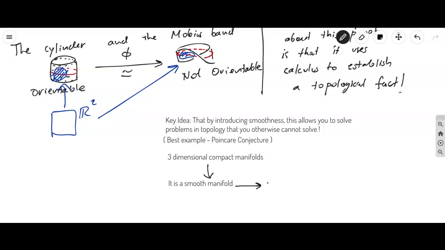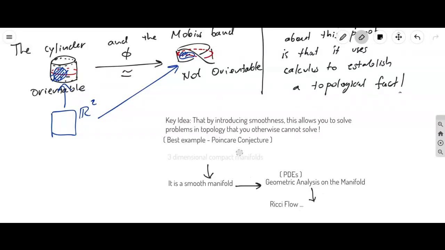Once you make it a smooth manifold, you can do something called geometric analysis on the manifold. Geometric analysis is basically doing PDEs on a manifold, but PDEs only make sense when you have smoothness. You are then interested in something called Ricci flow, which is basically like heat flow, and the geometry of the manifold will influence certain properties.